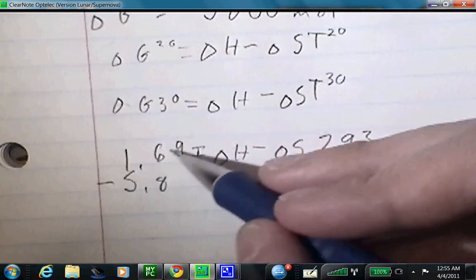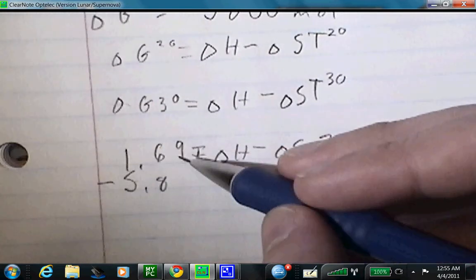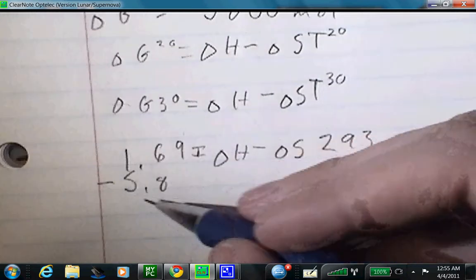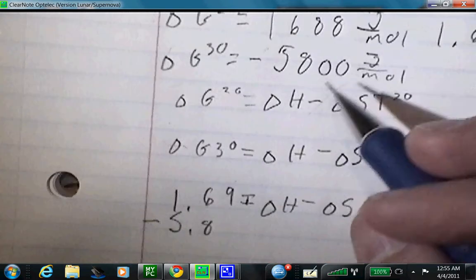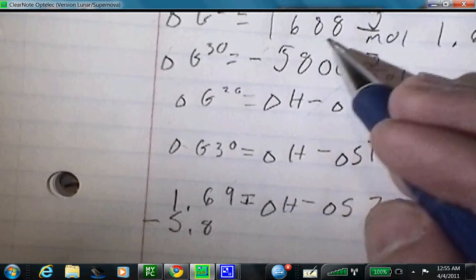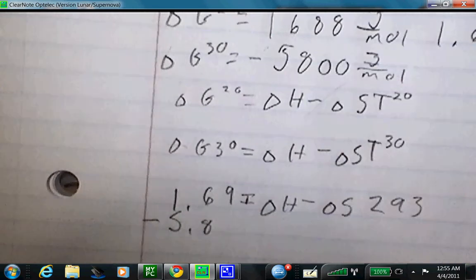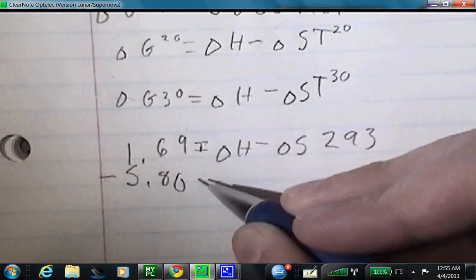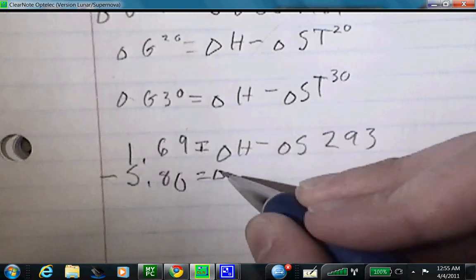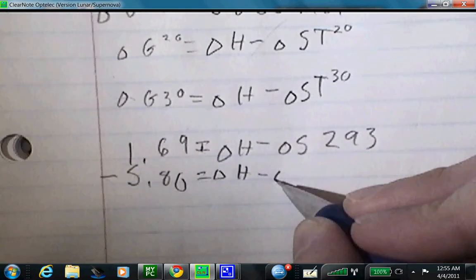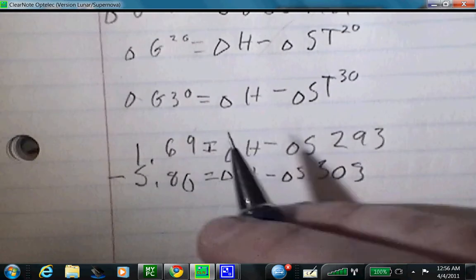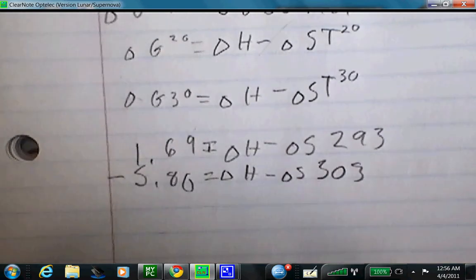The reason I wrote like this is because it's easier to calculate. These numbers are actually kilojoules per mole. All I've done is take these numbers up here and move the decimal place over 3 and give it K.